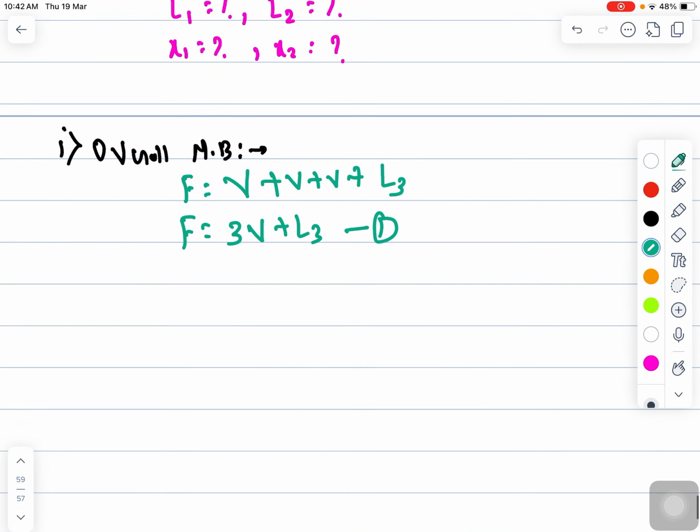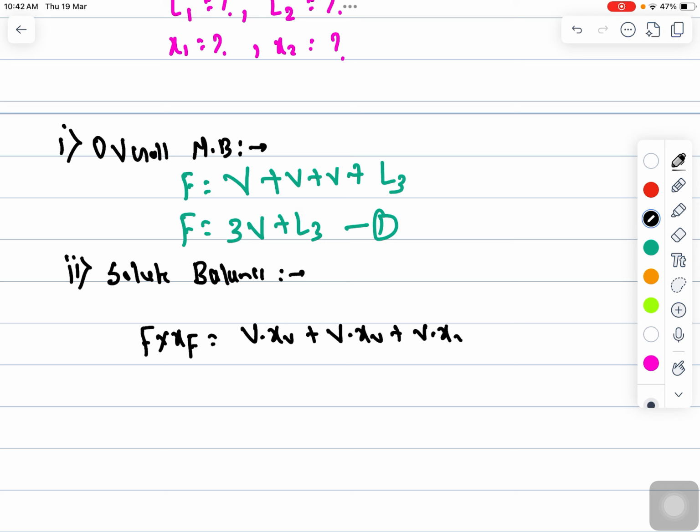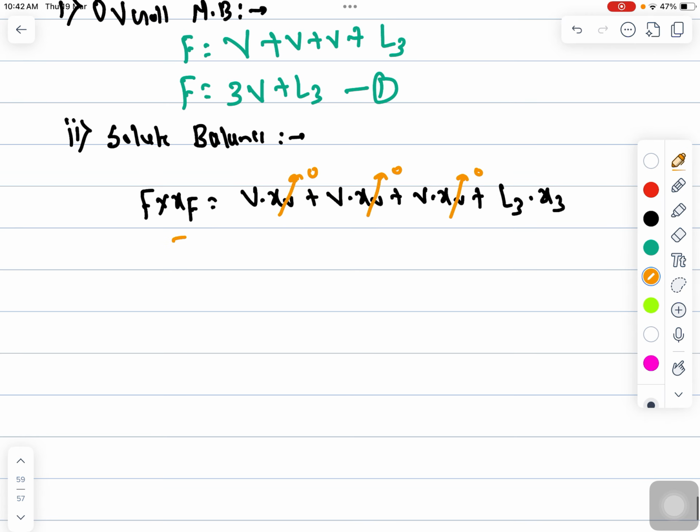Now I'll perform the solute balance. F into XF is equal to V into XV plus V into XV plus V into XV plus L3 into X3. XV is 0, obviously there won't be any solute in the water vapor, so you are left with F into XF equal to L3 into X3.